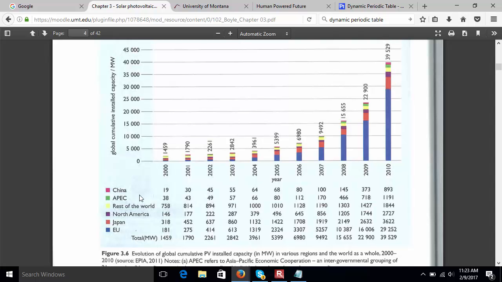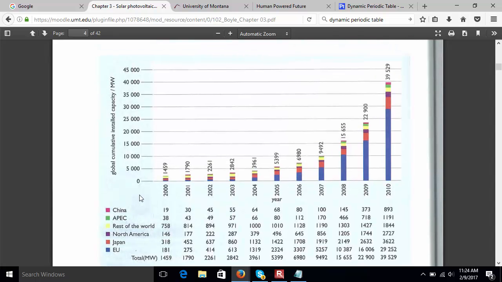Okay, global. So here's the rise in total capacity, and we're seeing more solar PV all the time. China doing pretty well. The EU is just blasting away. Yes, and it's for a variety of reasons.